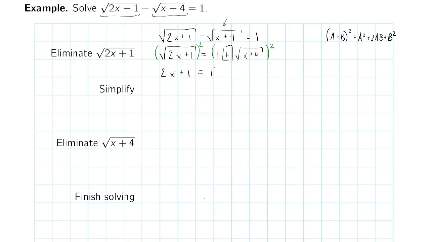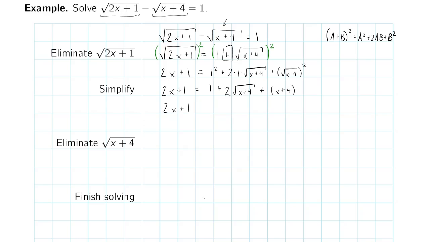We'll have 1 squared plus 2 times 1 times the square root of x plus 4 plus the square root of x plus 4 squared. So 2x plus 1 equals 1 plus 2 root x plus 4 plus x plus 4.